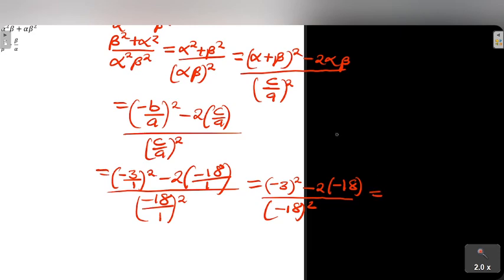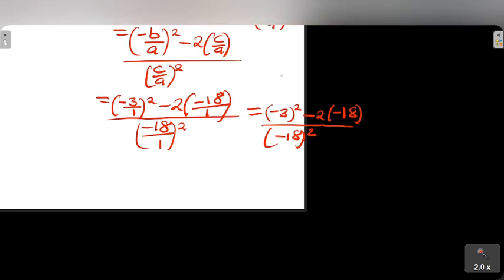Let me just write below. So if we follow this, what we're going to have is negative 3 squared. We're going to have positive 9, then minus 2 open negative 18 over negative 18 squared. This means we are multiplying negative 18 times negative 18.